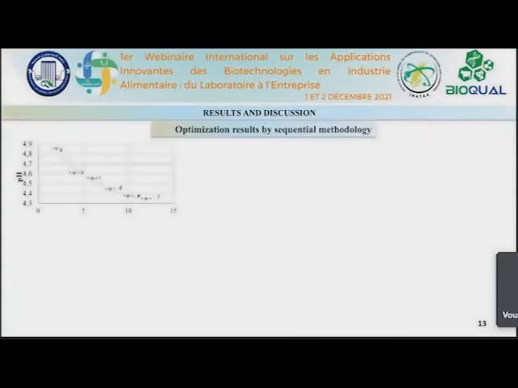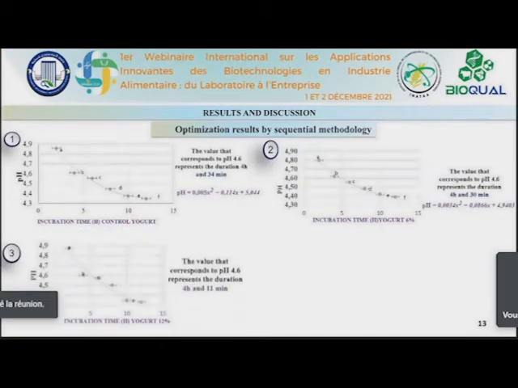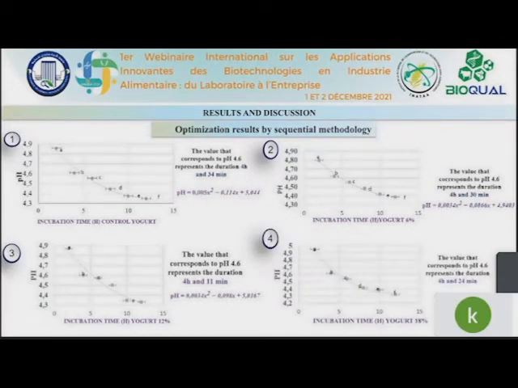We now go to the results and discussion part. We start with the optimization results by the sequential methodology. As you see on this graph, which represents the pH as a function of the incubation time, the pH is always set at 4.6. In graph 1, the witness has a duration of 4 hours 34 minutes.